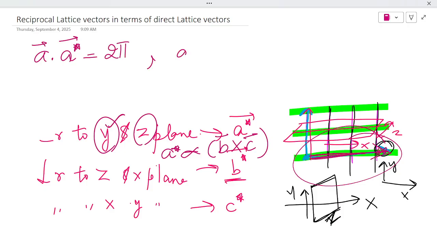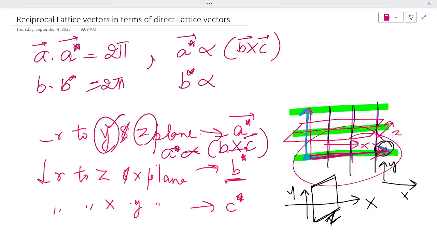So we have got two relationships for A star vector, and similarly we will get B dot B star equals to 2 pi, and B star will be proportional to, what will be B star proportional to?